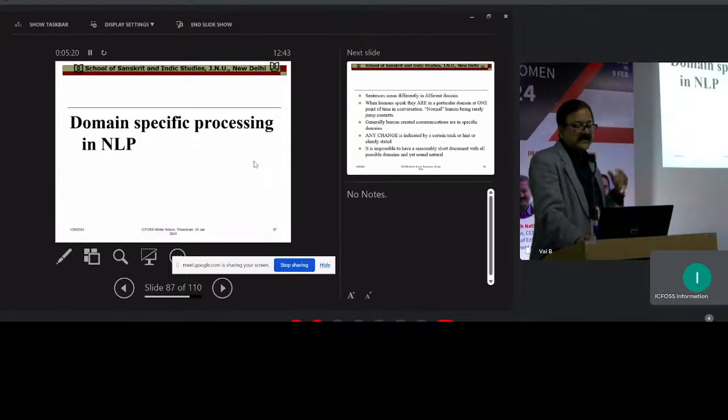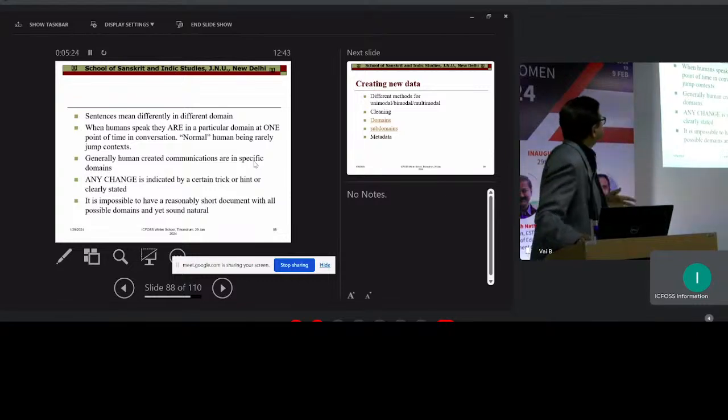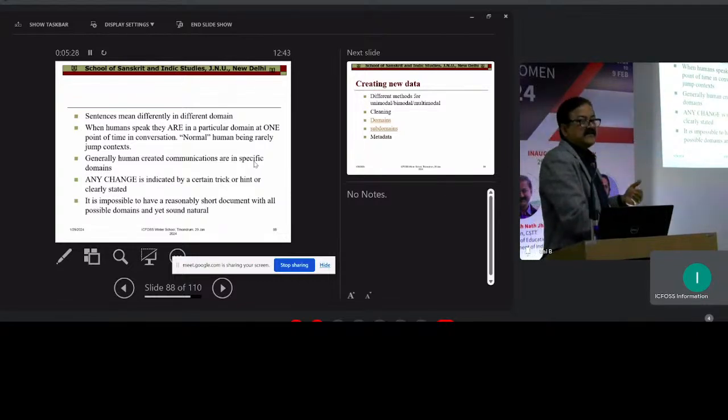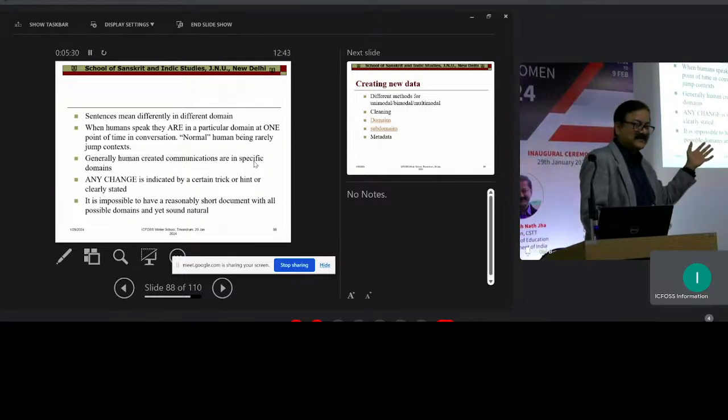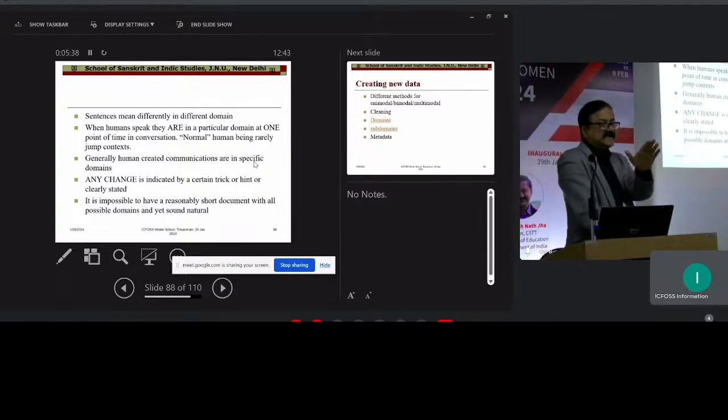So when we do domain-specific processing, we look at any particular domain, because sentences mean different things in different domains. A sentence will not be the same in all domains. So we have to do domain-specific data collection, right? When humans speak, they speak in a certain domain, then they indicate a change of domain.